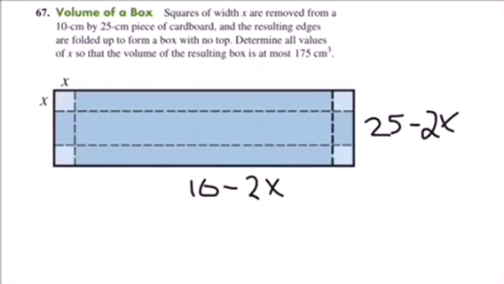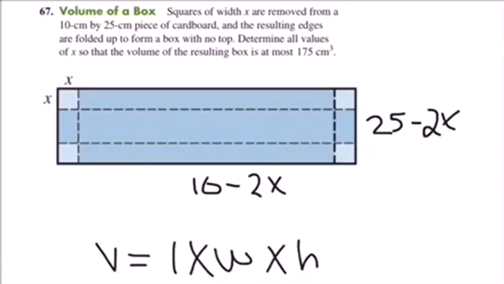The x's are from the edges, and 25 minus 2x. We are trying to find the volume. So the volume is length times width times height.